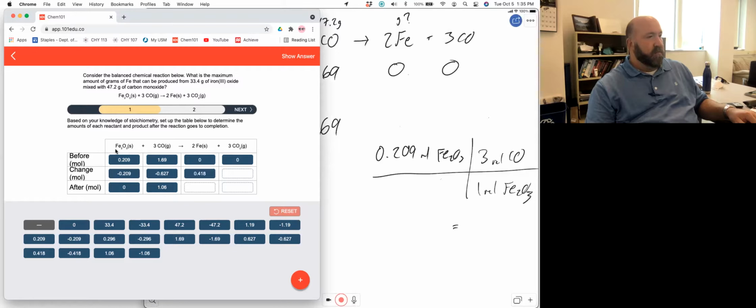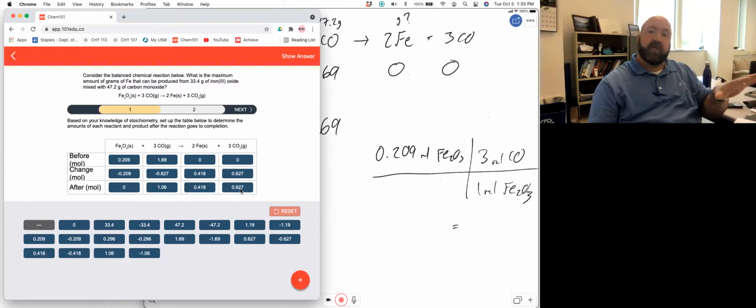For every 1 Fe2O3 used, we form 3 CO2s. So 0.209 times 3 is 0.627. 0 plus 0.418 means that we're going to have 0.418 moles of iron and 0.627 moles of carbon dioxide.